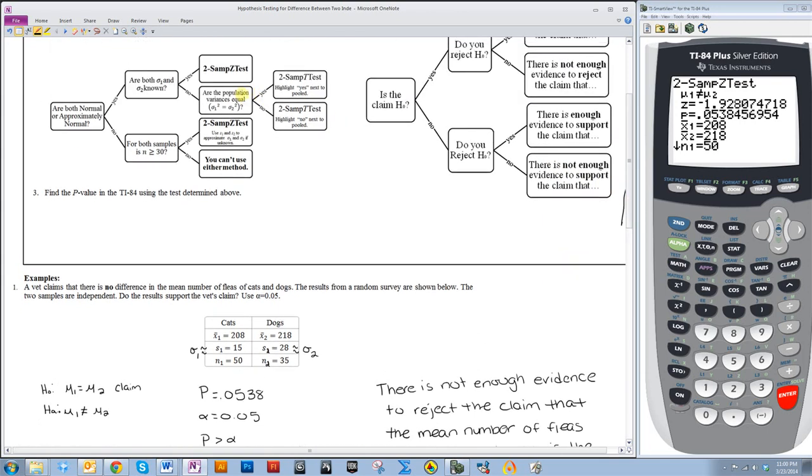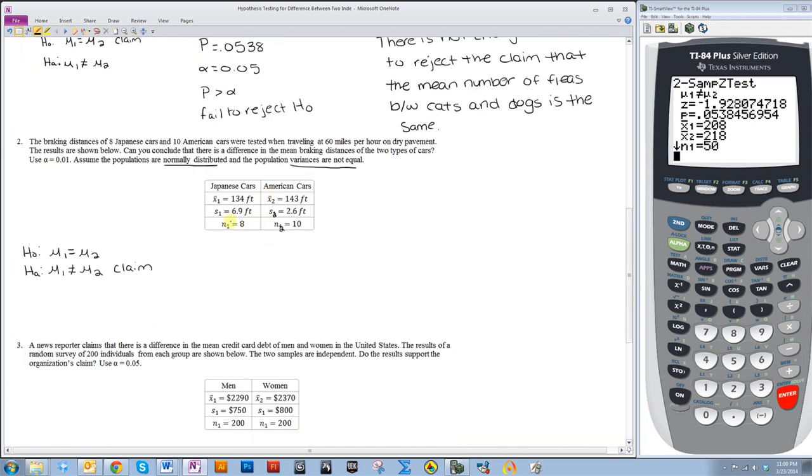Pooled is essentially just asking, if you say yes to pooled, that means the variances are equal. If you say no to pooled, that means the variances are not equal. So with this one I use the 2-SampZTest. With this one, I'm going to use the 2-SampTTest.